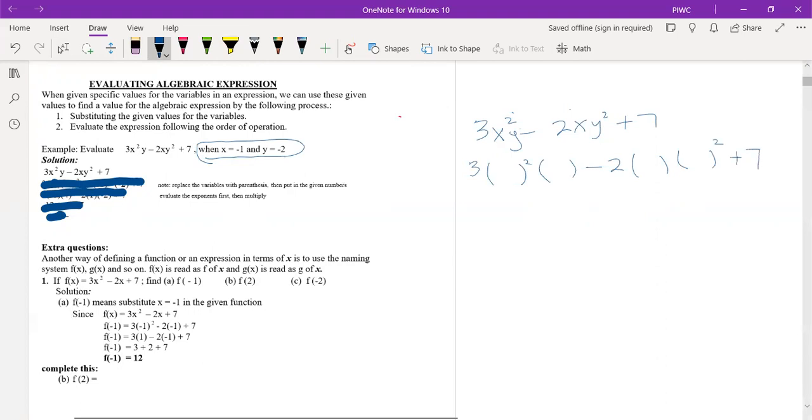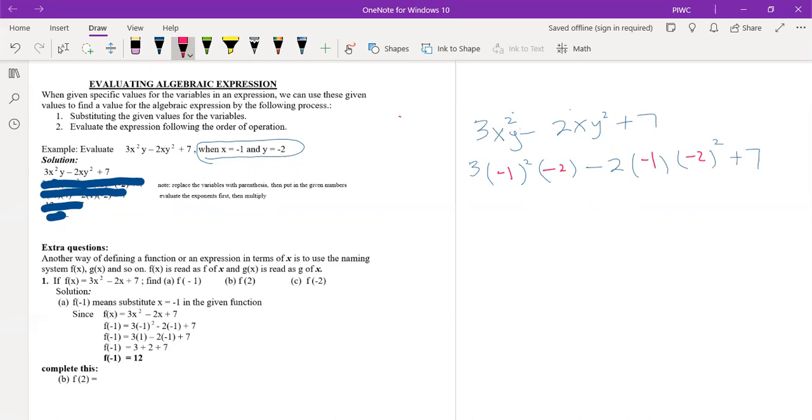And then you can put in given numbers. So x is given as -1, so we put in -1 here. And then y is -2, so put -2 there. Now we're going to simplify using the order of operations.